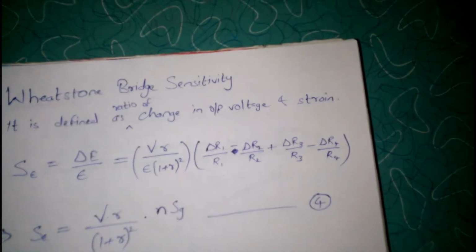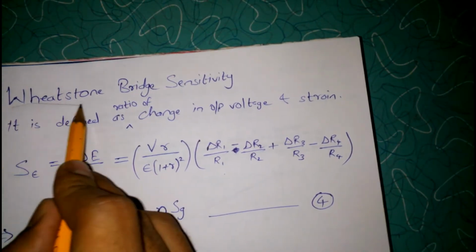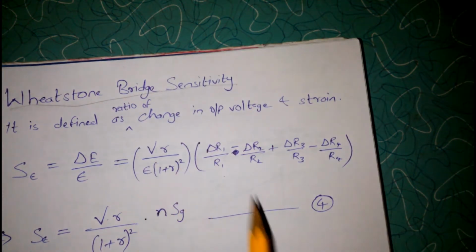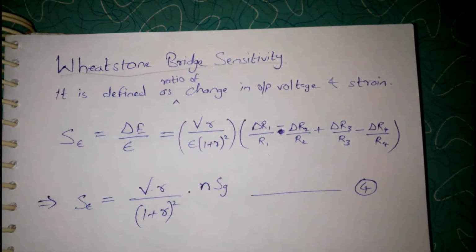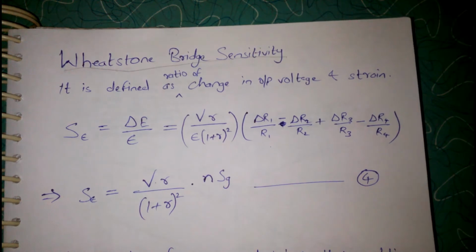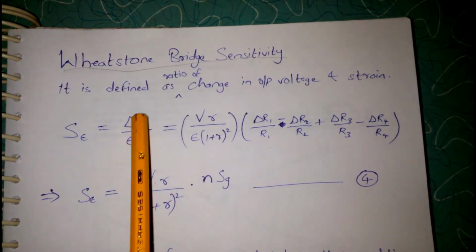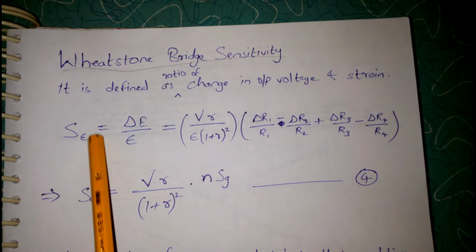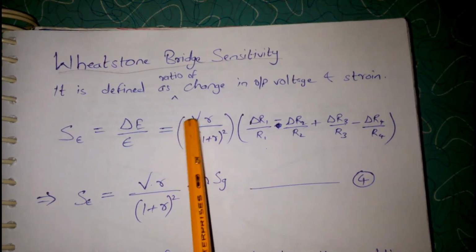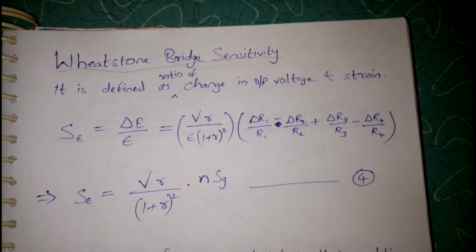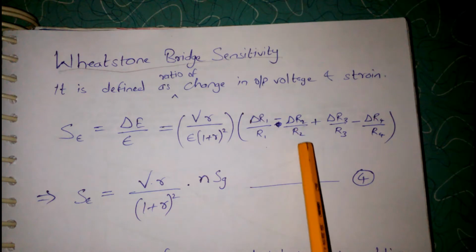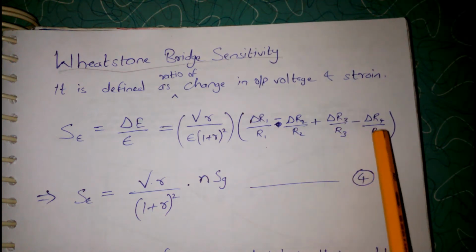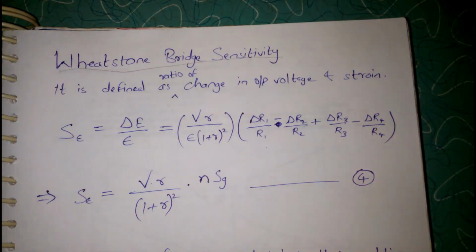Now, Wheatstone bridge sensitivity is defined as the ratio of change in output voltage to strain. This is the sensitivity. So it will be equal to VR upon epsilon into (1 plus R) square multiplied by delta R1 by R1 minus delta R2 by R2 plus delta R3 by R3 minus delta R4 by R4.